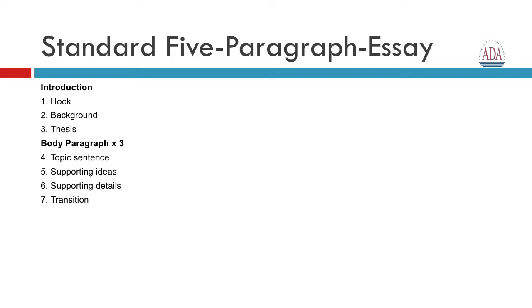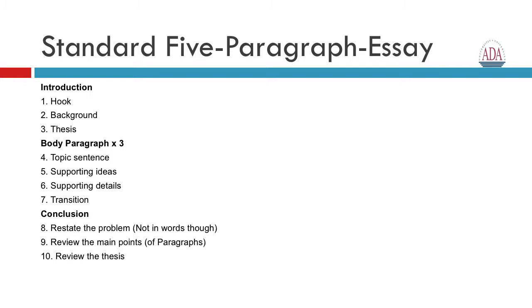A body paragraph has a topic sentence which introduces the main idea of the paragraph. It has 2-3 supporting ideas and supporting details. Finally, the conclusion reviews the main idea of the paragraph, and it also reviews the thesis and answers the question.